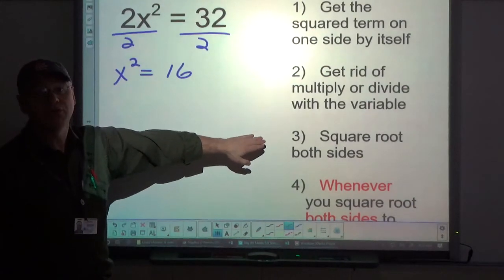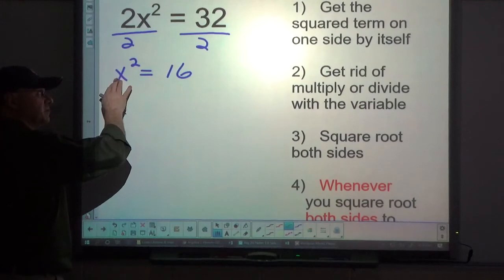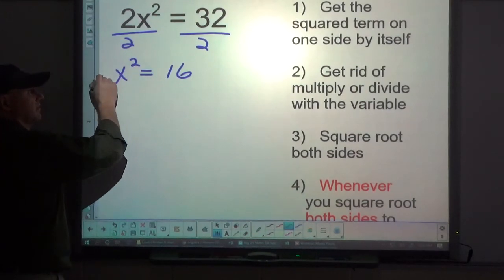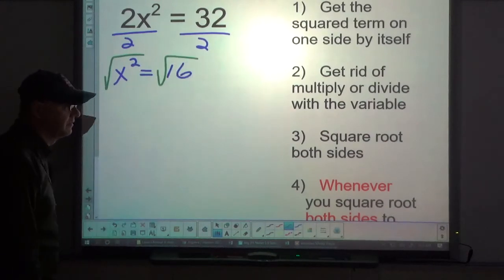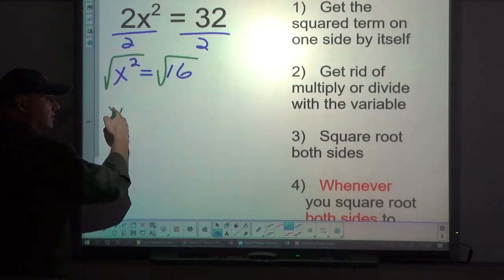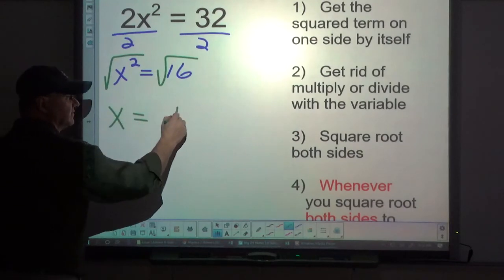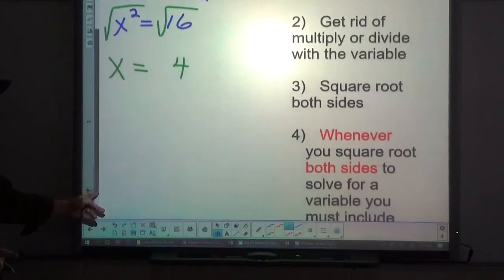Square root both sides. When the x or the term is by itself squared, you're going to square root both sides. Now we know the square root of x squared is x. The square root of 16 is 4. But here's one thing you have to pay attention to.